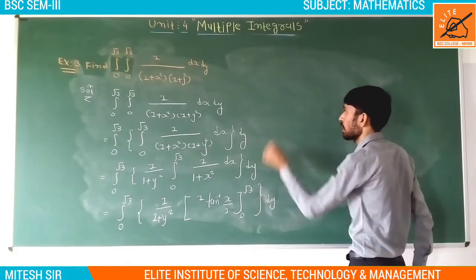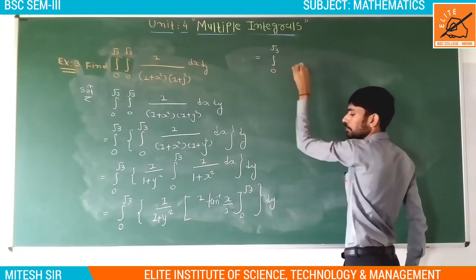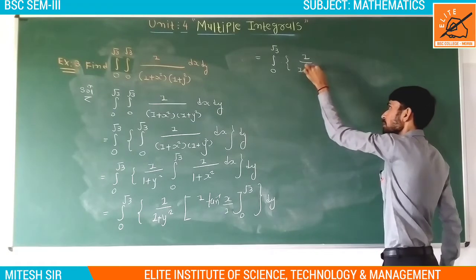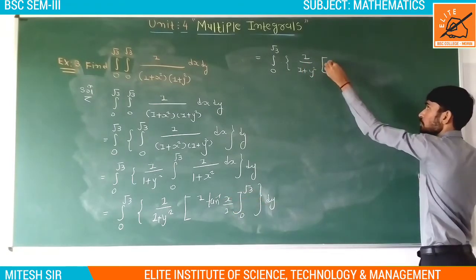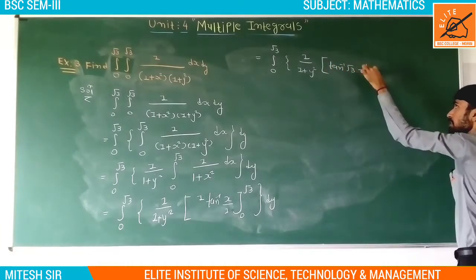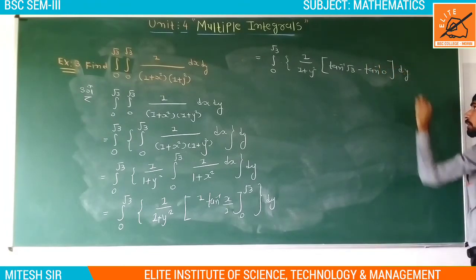Now we apply the limit. Integration 0 to root 3, 1 upon 1 plus y square as it is. Upper limit is root 3, so tan inverse root 3 minus tan inverse 0, into dy.